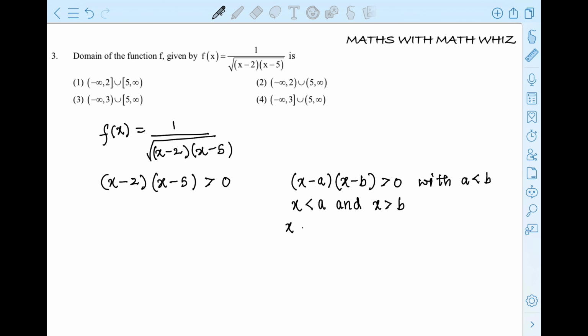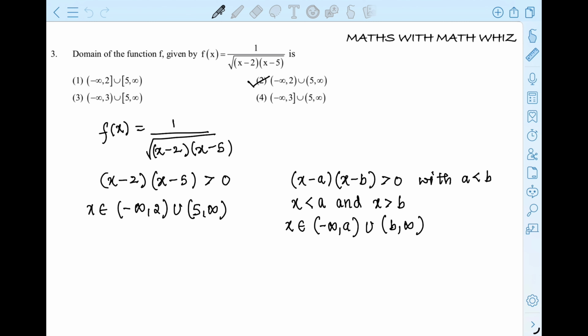So I can write x belongs to minus infinity to a union b to infinity. If we apply the same thing here, x belongs to minus infinity to 2 union 5 to infinity. So according to the options, this will be the right option.